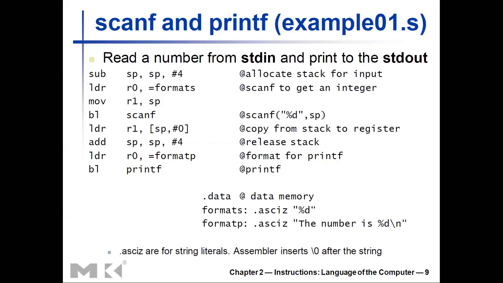So that is how it works, because scanf is something implemented by somebody else, and we want to use the conventions. With assembly, you have to follow these conventions, because the assembler actually can't know these things.